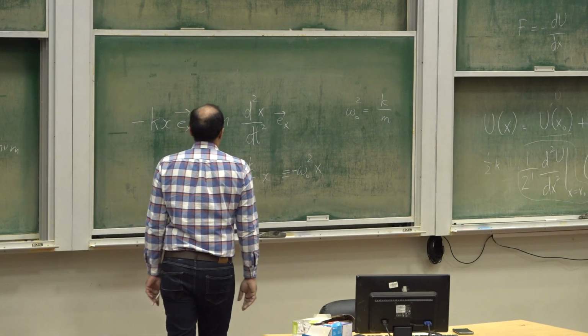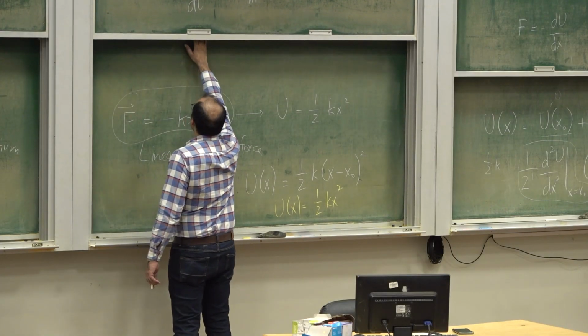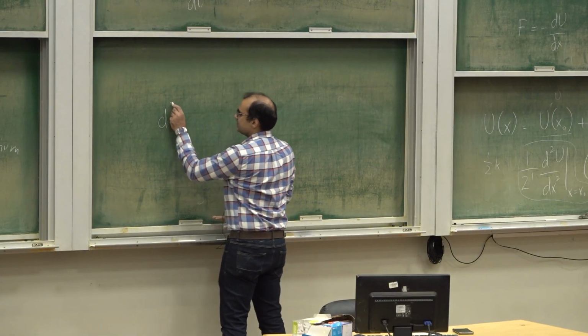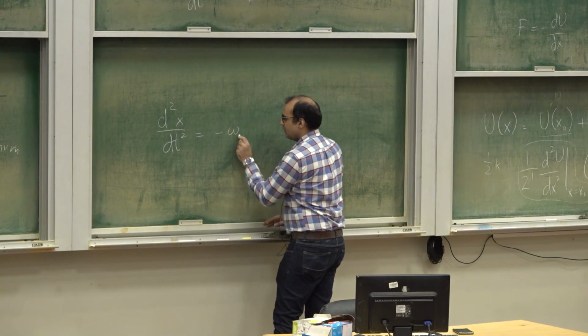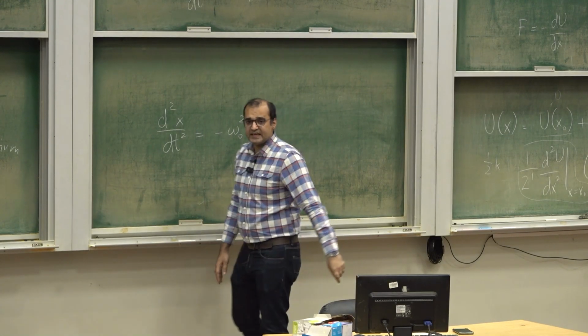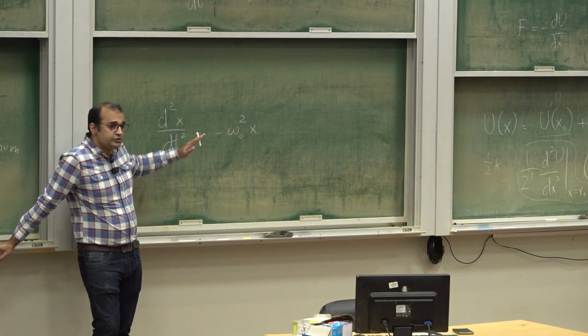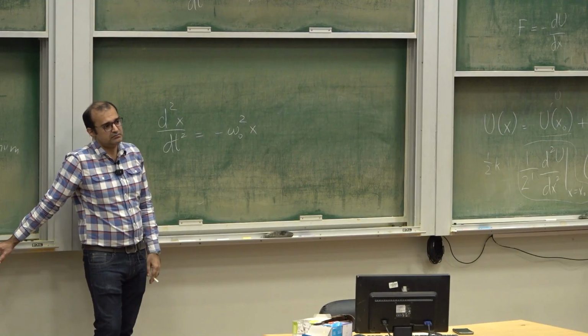Okay. So the equation that you're looking at, that you have to figure out the meaning of, is the following. Again, I must emphasize that for any system which is in equilibrium, if you disturb it slightly, you will effectively have to solve essentially exactly the same equation.